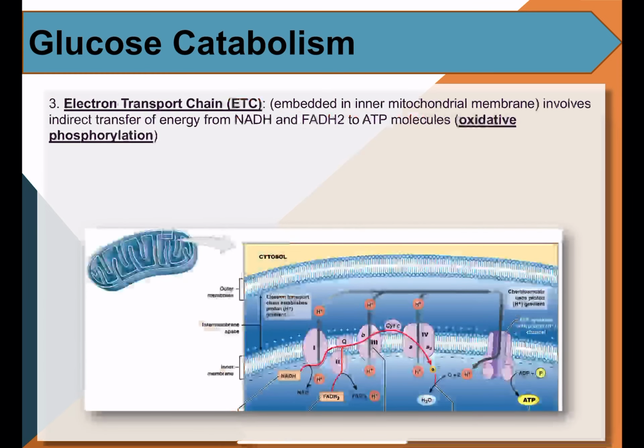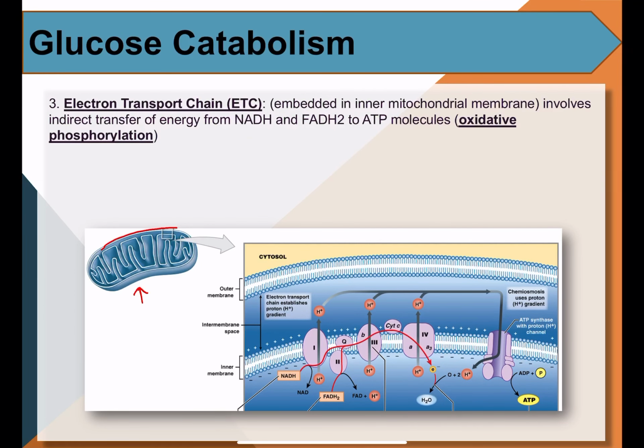The electron transport chain is embedded within the inner membrane of the mitochondria. Again, the mitochondria is one of the organelles within a cell that has a unique feature of having two layers of this phospholipid bilayer membrane. There are multiple sets of this electron transport chain within the mitochondrial membrane. So here you can see this is the mitochondria.